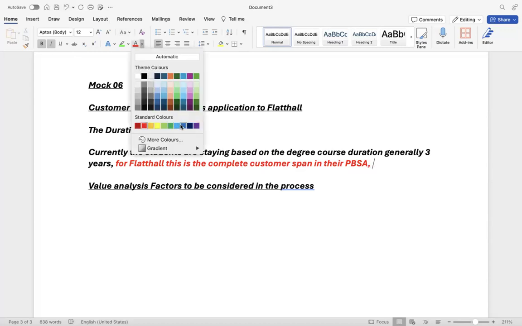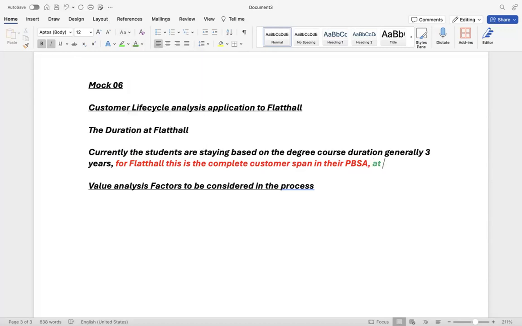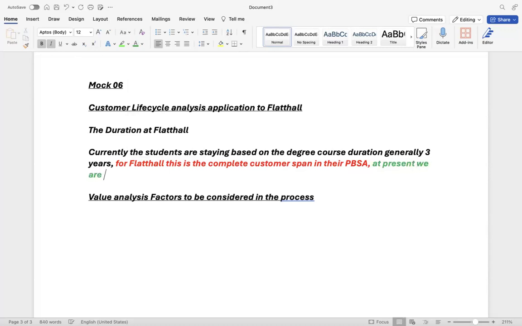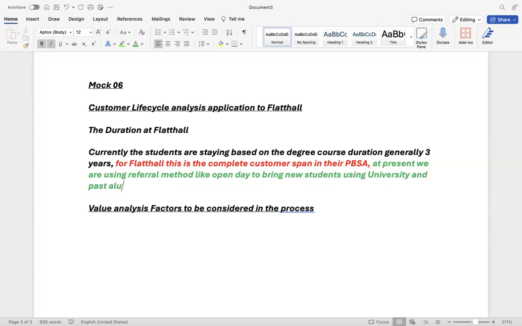Now, I'll just connect it. At present, we are using the referral method, like Open Day, to bring new students using university and past alumni feedbacks.